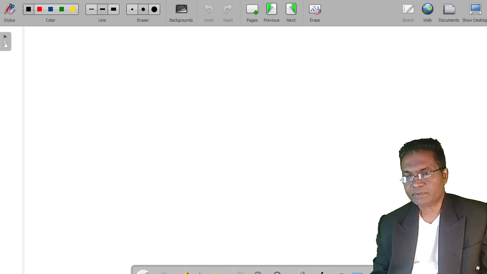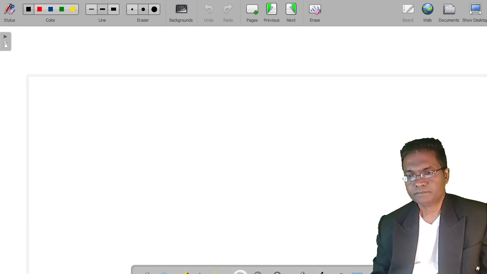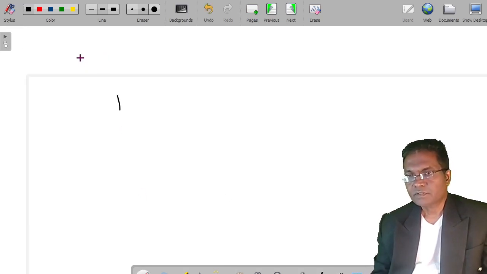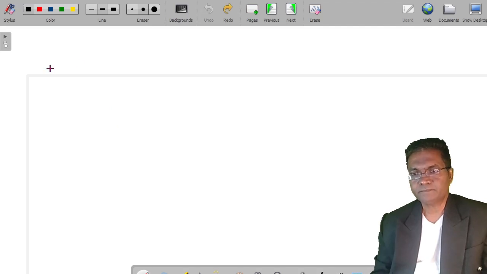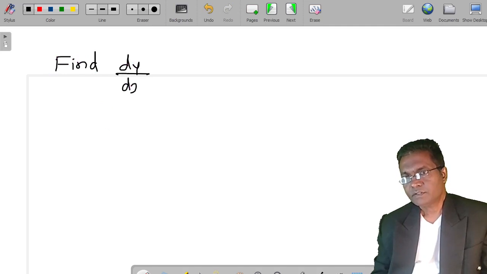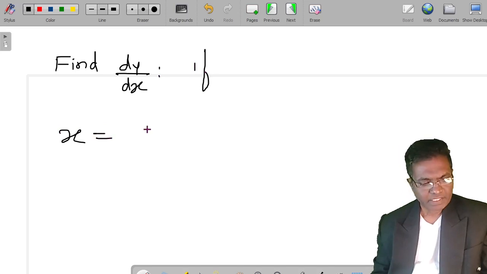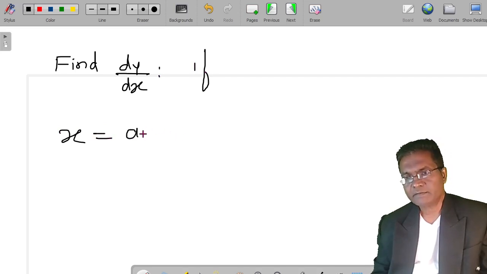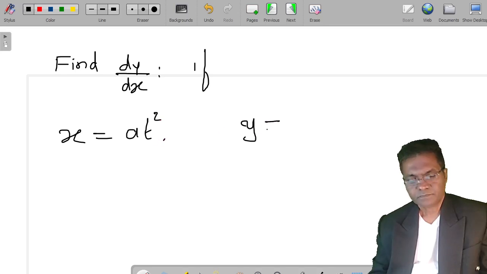Have one more example. Find dy by dx if x is equal to at square and y is equal to 2at.